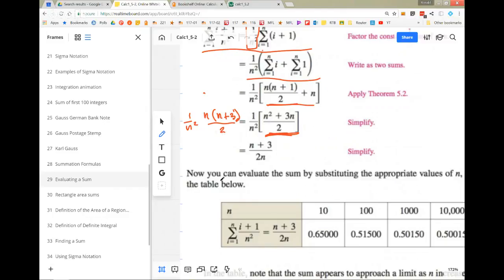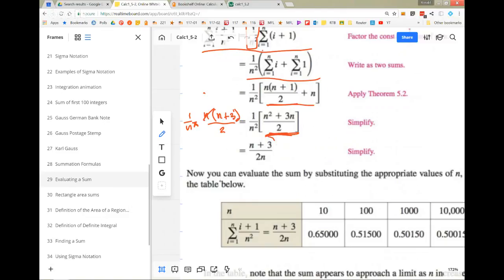So this is another way to write that problem. And then, of course, that n cancels with this one down here. You see how you wind up with n plus 3 on the top and 2n on the bottom?